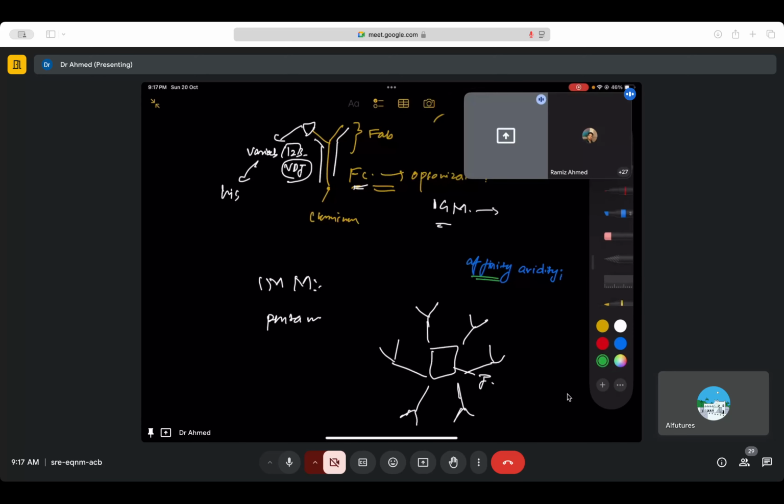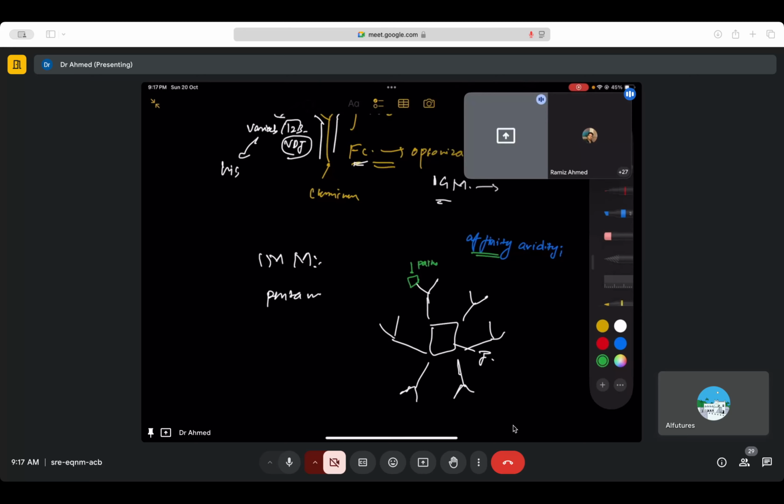So what is affinity? Affinity is the love for this variable site to bind to a pathogen, right? The affinity of IgM towards the pathogen is less, but its avidity is more. What do we mean by avidity? The total sites for attachment to the pathogen are more. You can see there are 10 sites.